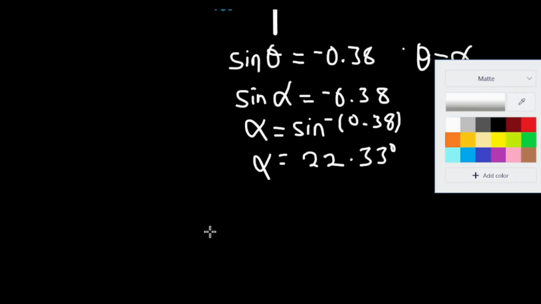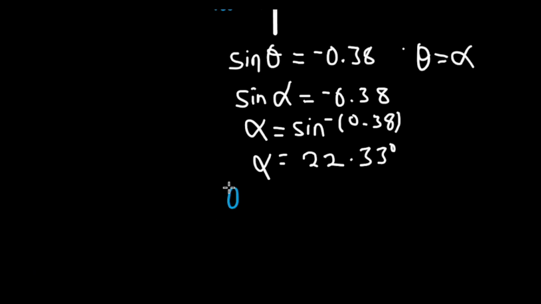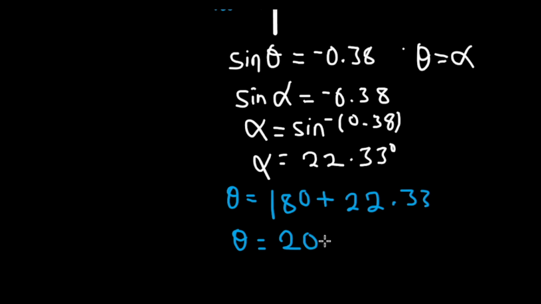So we're going to add first. For a value of theta, we're going to have theta equal to 180 plus 22.33, so theta is equal to 202.33. So this is one of our values of theta.